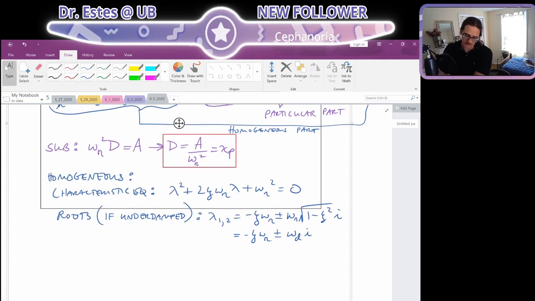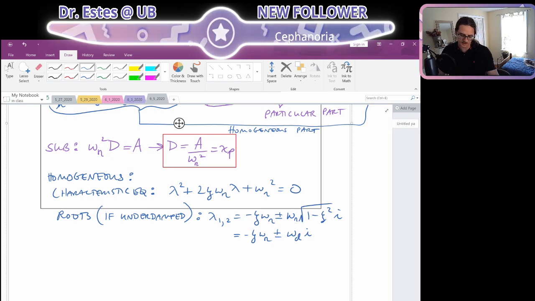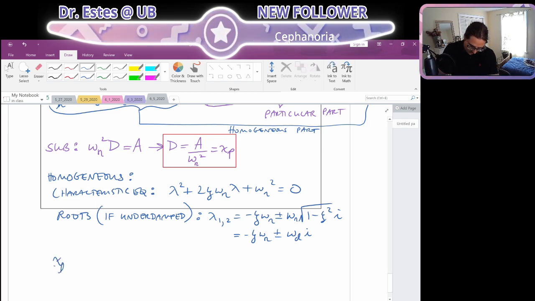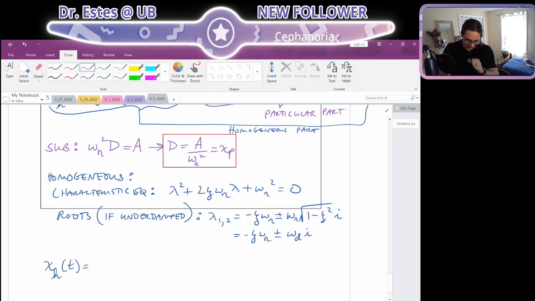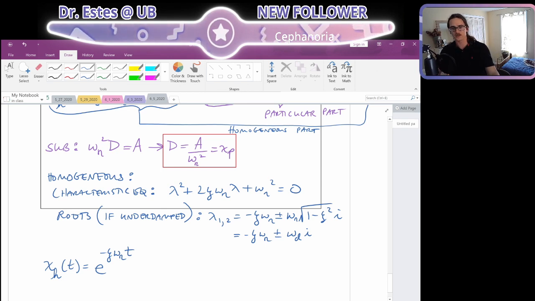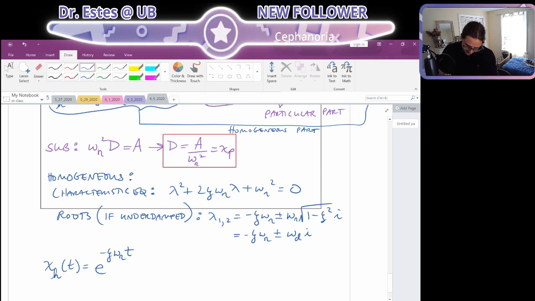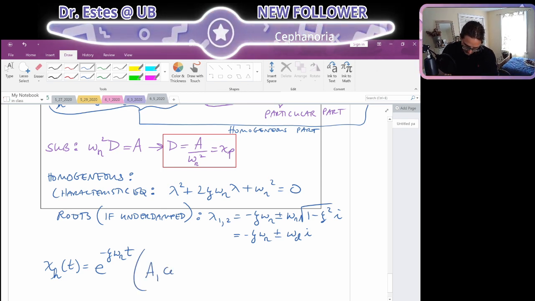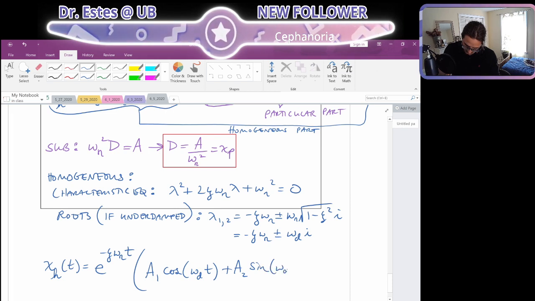And we know that for complex conjugate roots like this, the general form of the homogeneous solution is going to be e to the real part times t. And then we're going to have a1 cosine omega dt plus a2 sine omega dt.